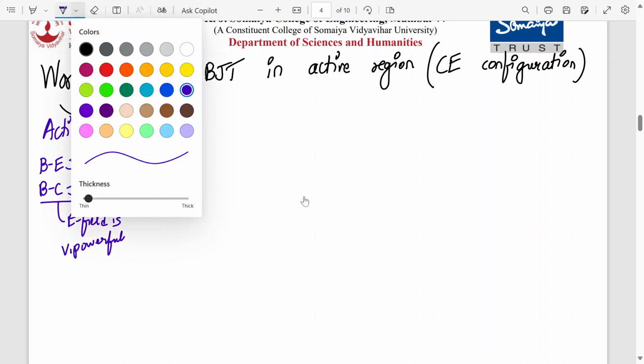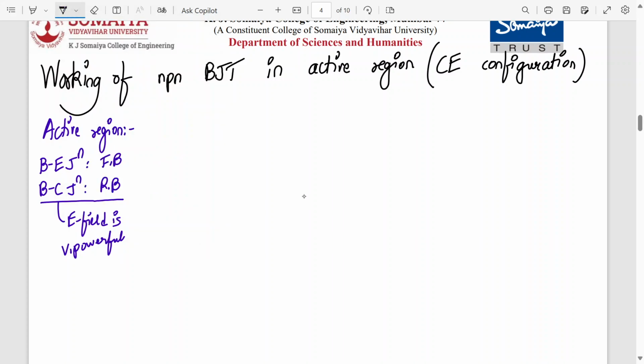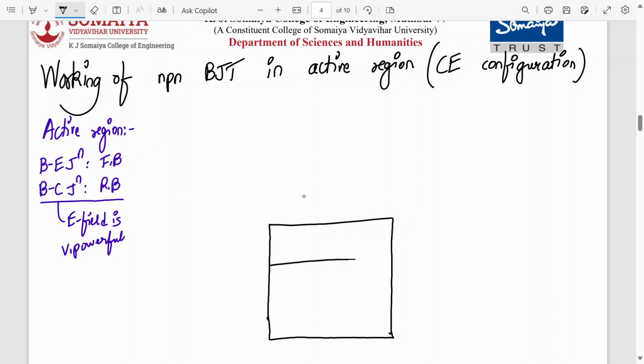I will be drawing first of all the emitter and base region. I'm drawing it vertically, like this. This is my base region, and this is my emitter.